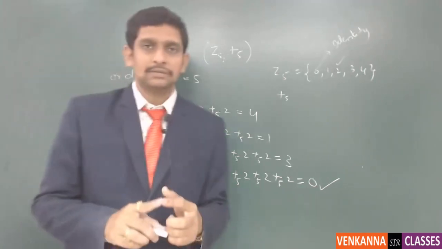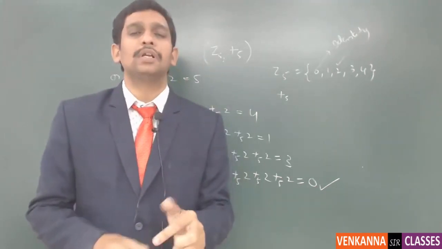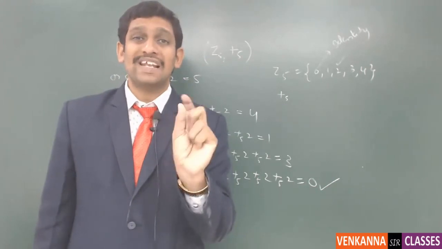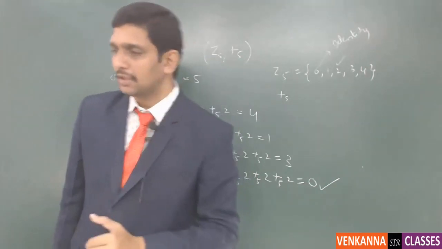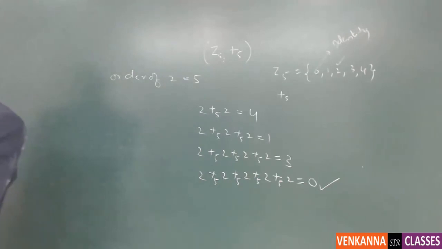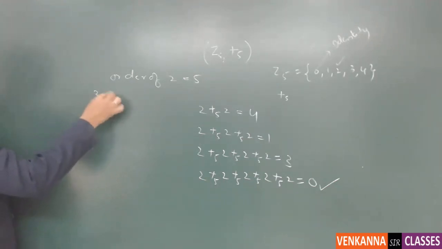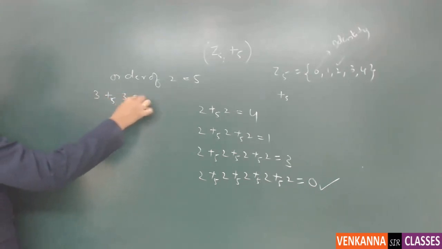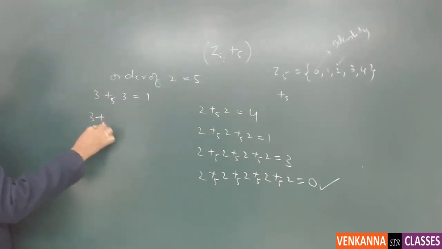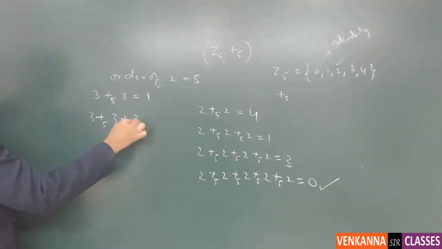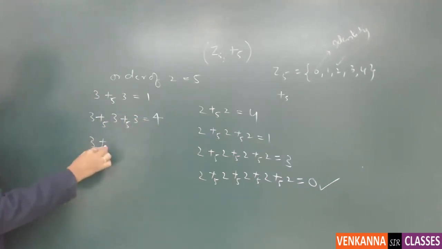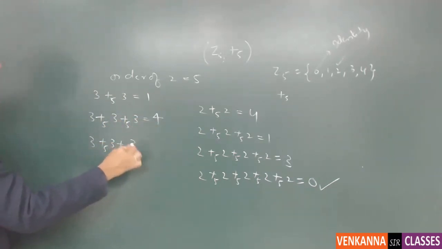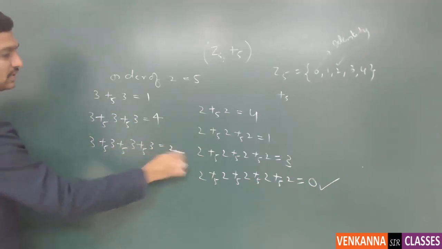As we have constructed the composition table, can you tell what is the inverse of 2 in the table? 3. Now let us calculate the order of 3 there. This is 1. This is 4. This is 2.